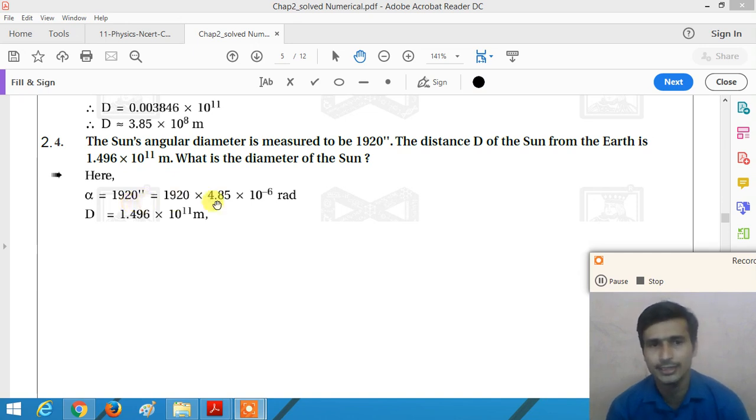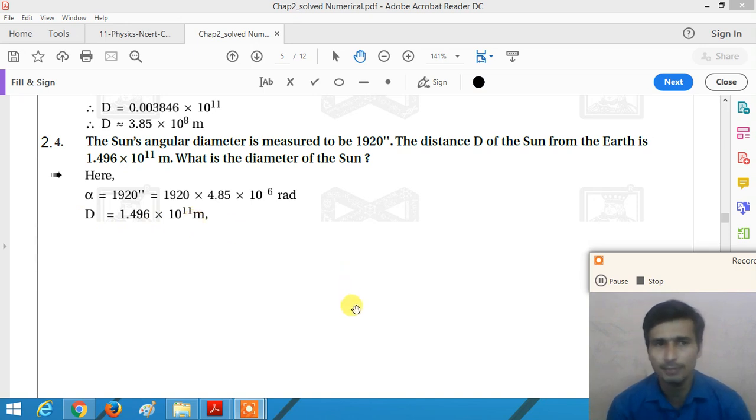1 second is equal to 4.85 into 10 raised to minus 6 radian, as we already discussed in example number 1, right? So 1920 seconds is equal to 1920 multiplied by 4.85 into 10 raised to minus 6 radian. The distance capital D of the sun from the earth is given to you as 1.496 into 10 raised to 11 meter.